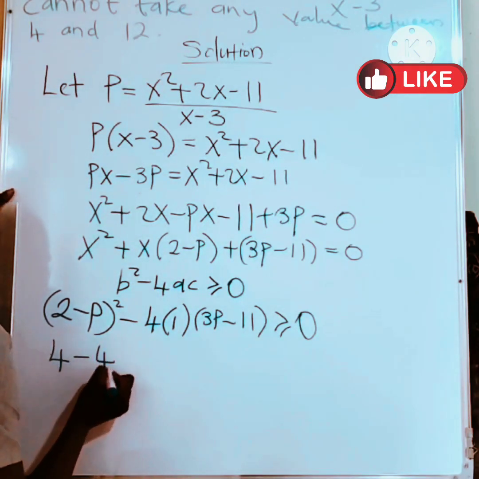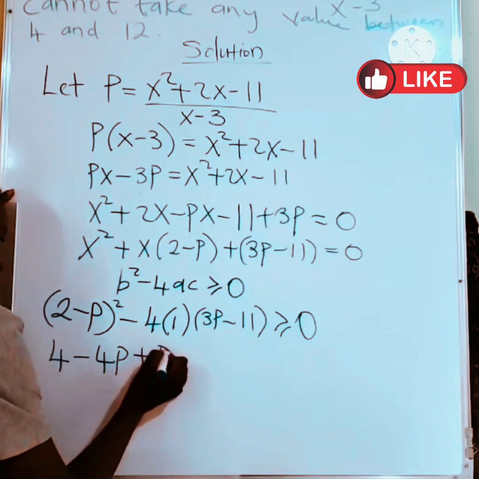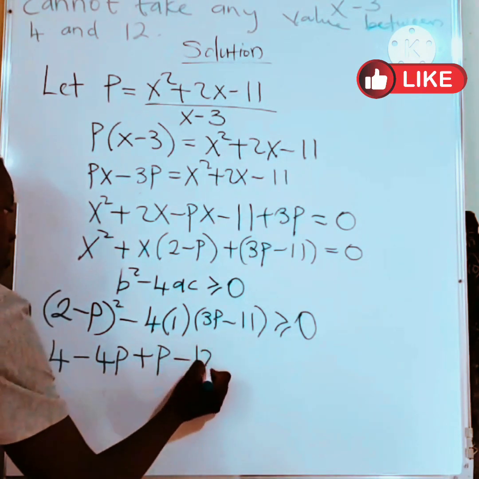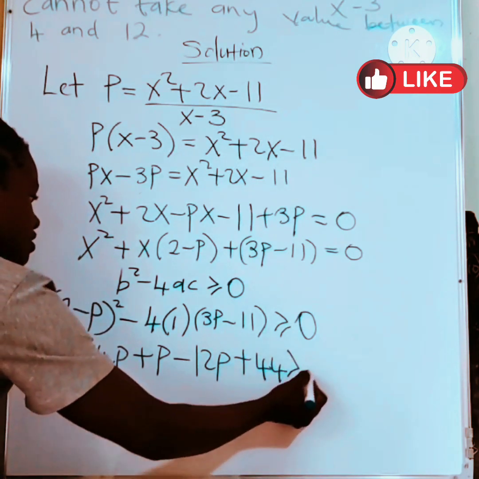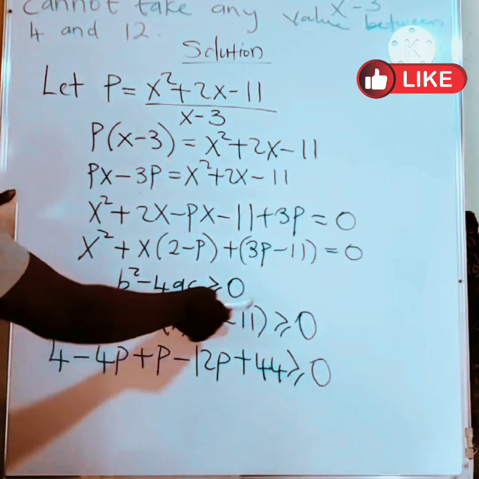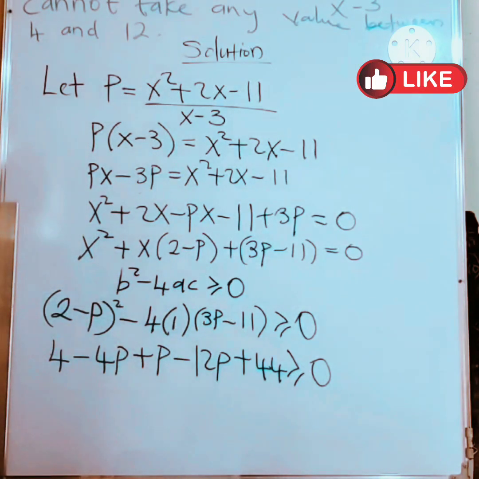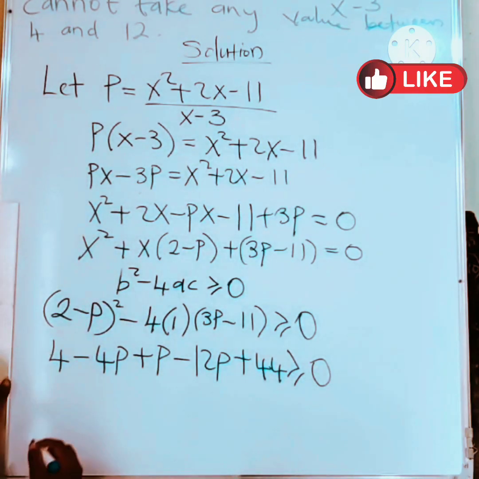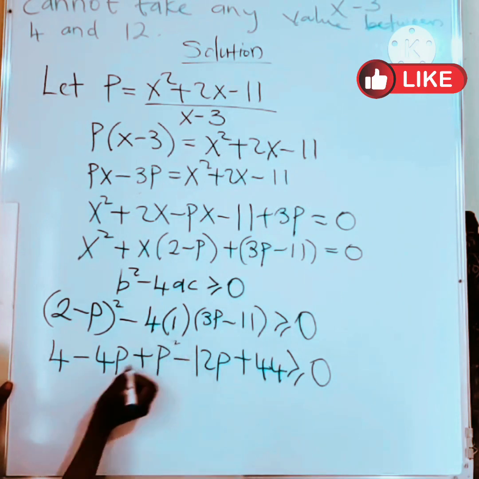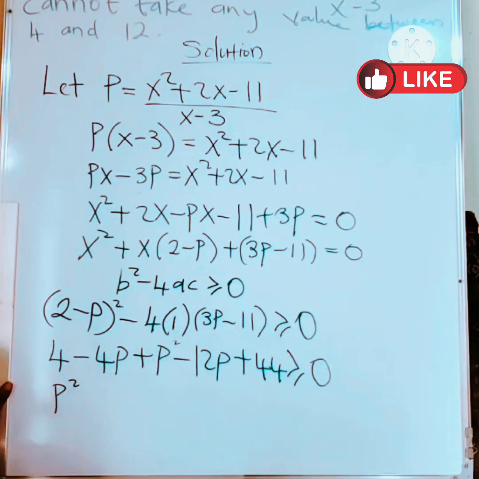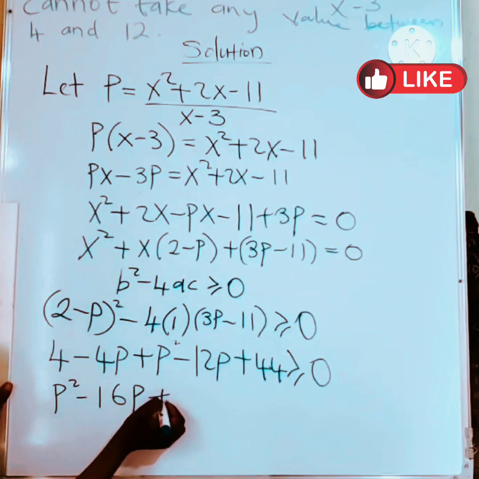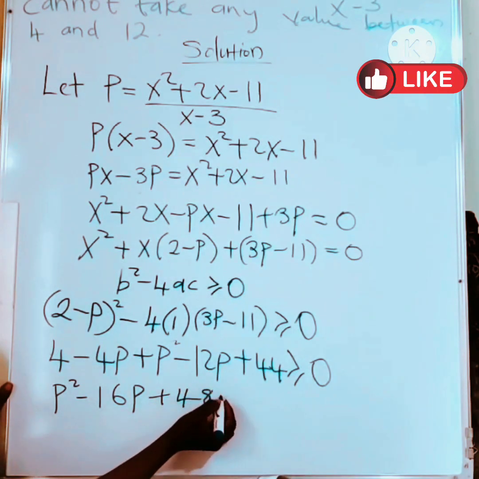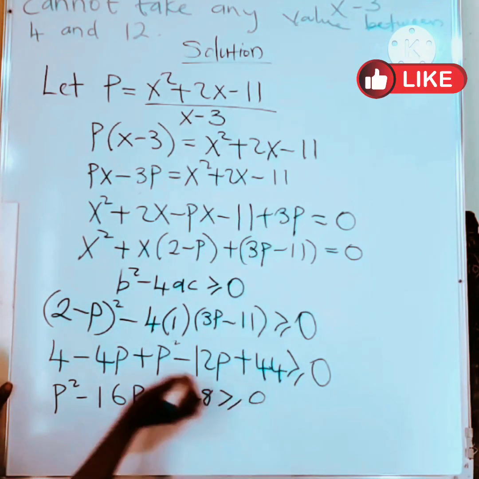4 minus 4p plus p squared minus 12p plus 44 is greater than or equal to 0. I'm simplifying this, so I'm going to get p squared minus 16p plus 48 is greater than or equal to 0.